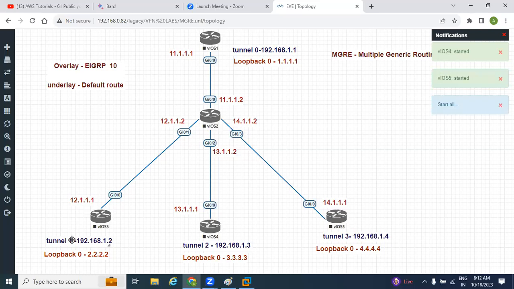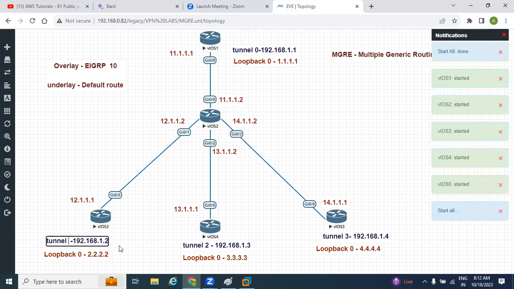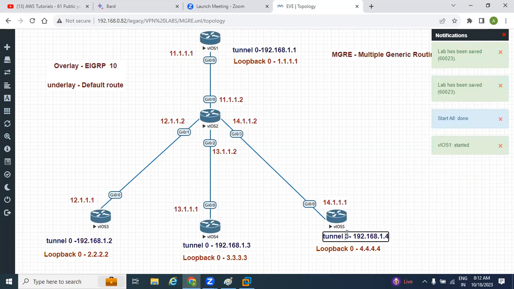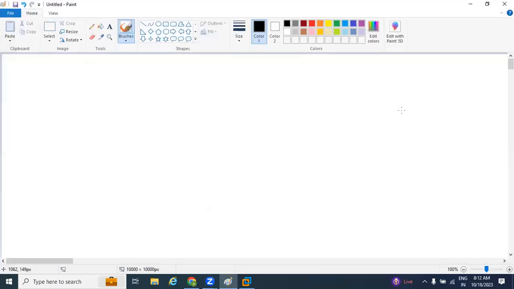Start all the nodes, it's the same interface, we'll use it. So what is the concept? The concept is the same. This is my hub. This is spoke 1 and spoke 2.